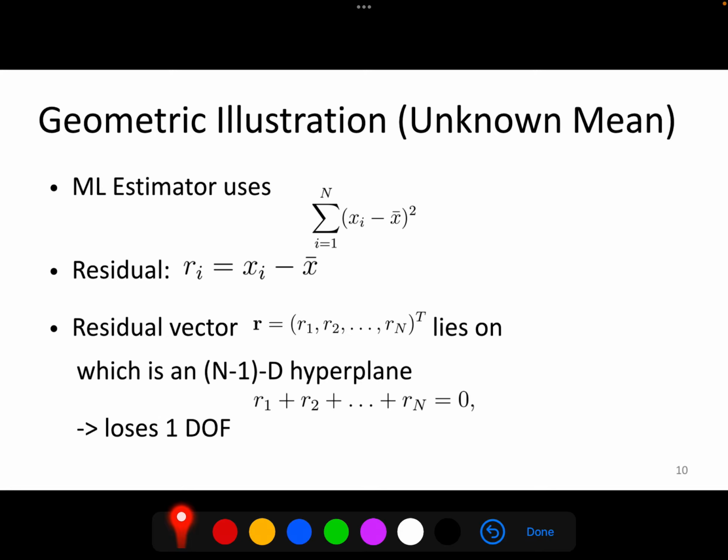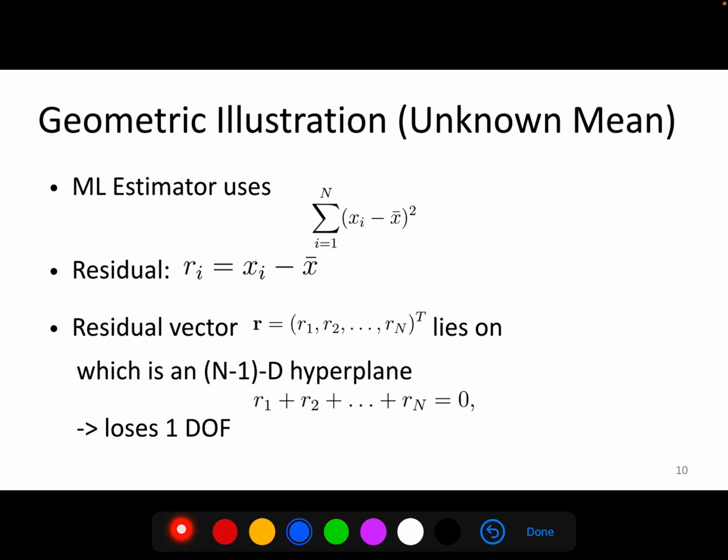But when the mean is estimated, something dramatic happens. The residual formula is x_i minus the sample mean. And these residuals satisfy a strict constraint. The sum of the n residuals equals 0.